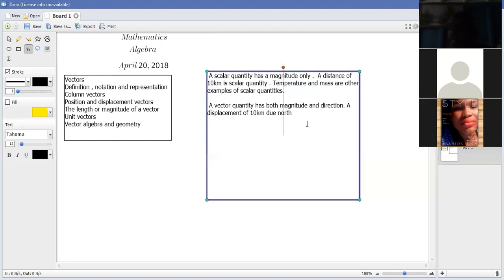And you know, pilots and sailors will tell you that, right? So that's the difference between a vector quantity and a scalar quantity. One has a direction and the other doesn't. So displacement is an example of a vector quantity.